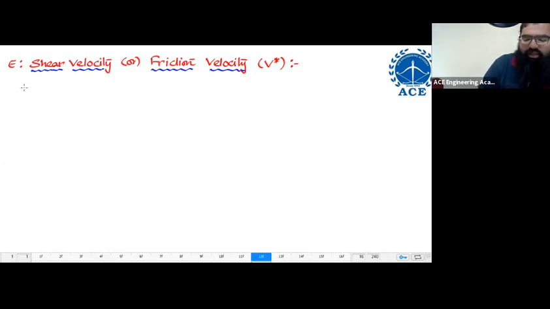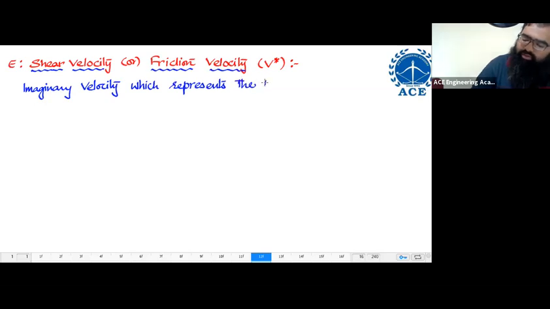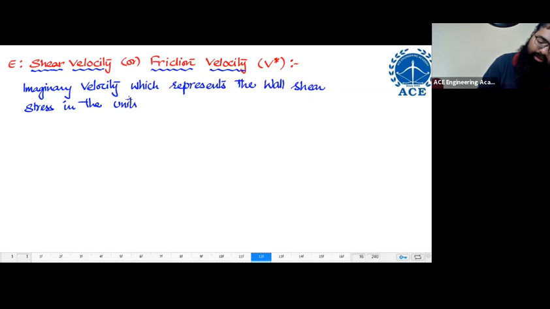It is an imaginary velocity which represents the wall shear stress in the units or dimensions of velocity.